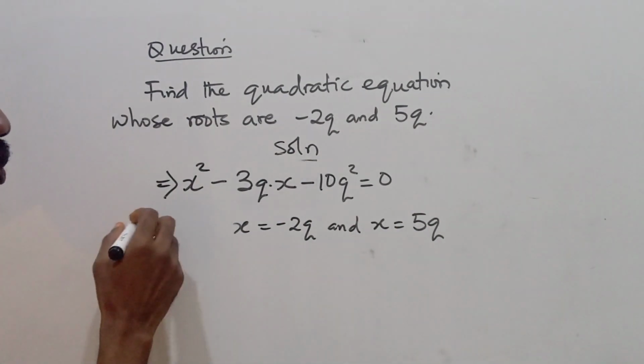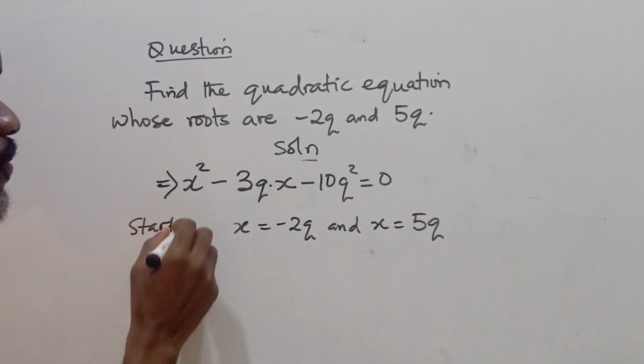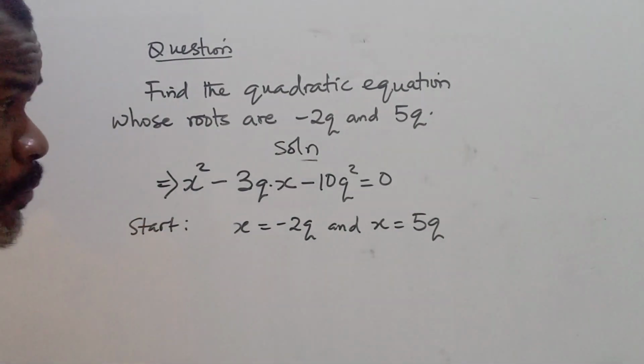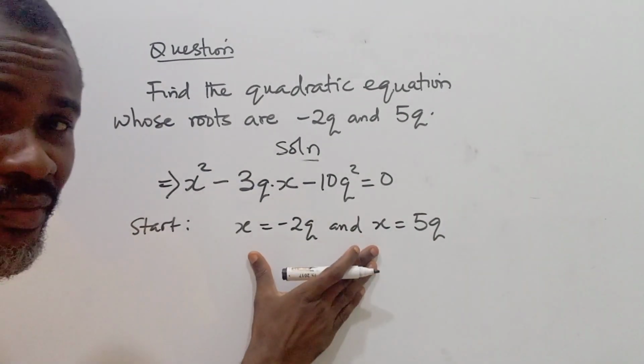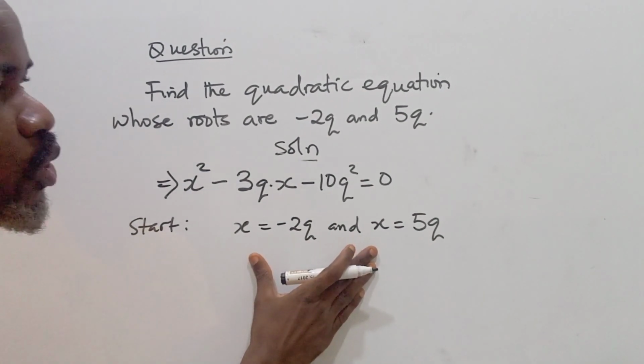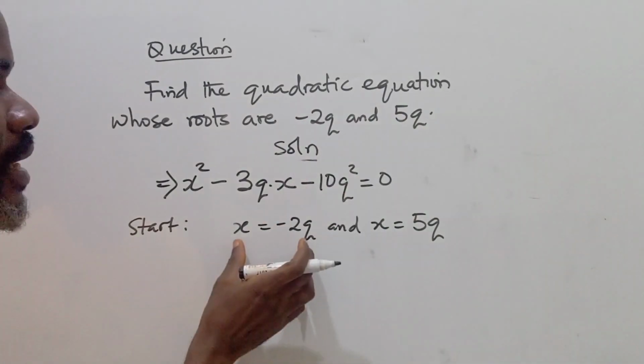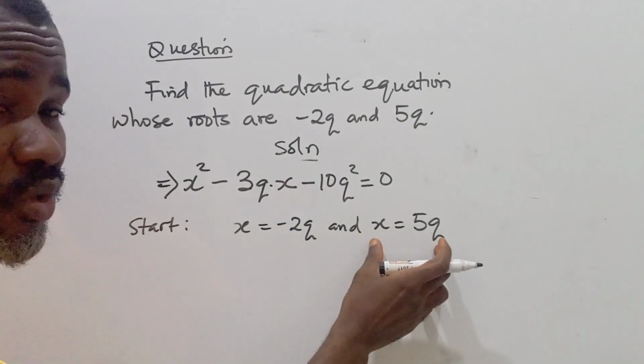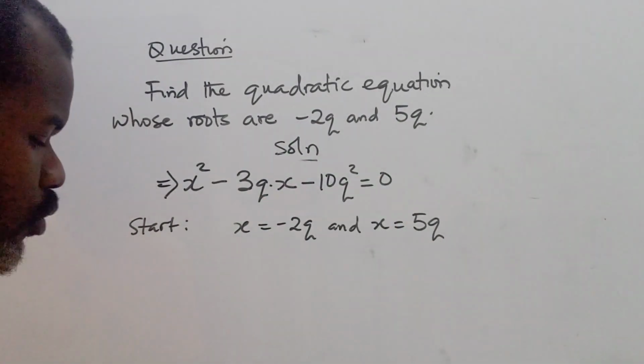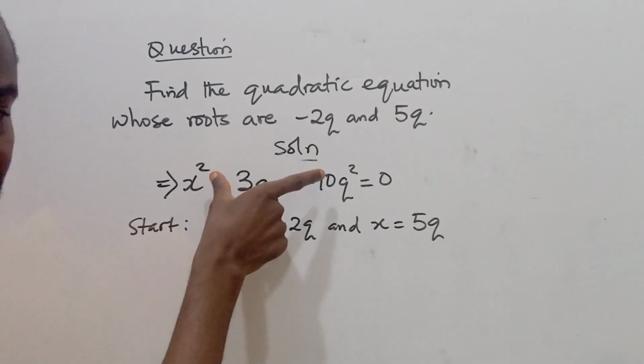So you start with the answers. This is the second method of solving such a problem. We start with the roots, x equals this and x equals this, and solve backward.